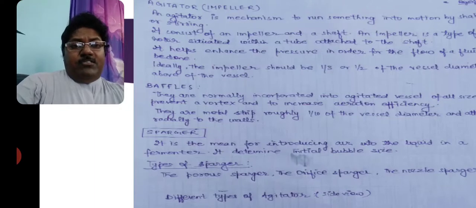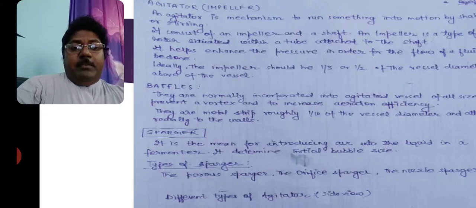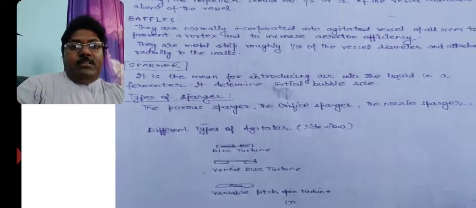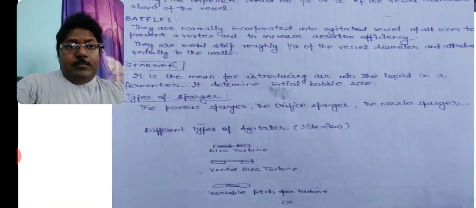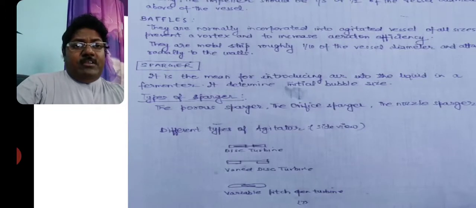Then the sparger is there. It is designed for introducing air into the liquid in a fermenter, and it determines the initial bubble size. What are the various types of spargers? The porous sparger, the orifice sparger, the nozzle sparger are there.